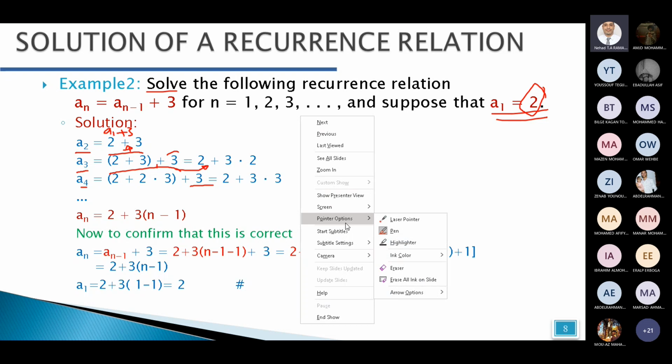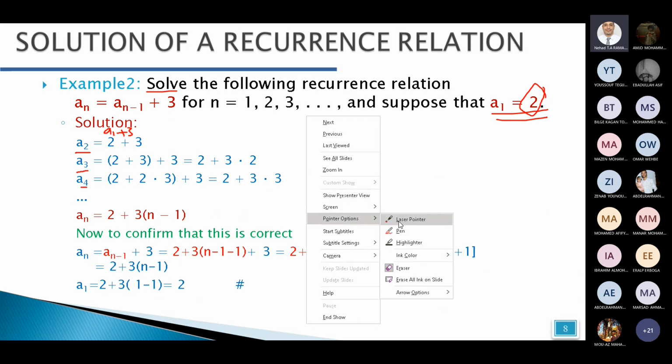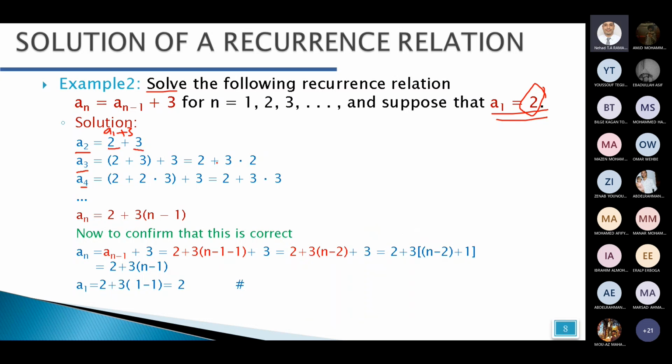Let's make it easier to find the relation. Here, 2 plus 3. Here, 2 plus 3 plus 3 means 2 plus 2 multiplied by 3. Here, this term plus 3, so it's 2 plus 2 multiplied by 3 plus 3, meaning 3 multiplied by 3 plus 2.